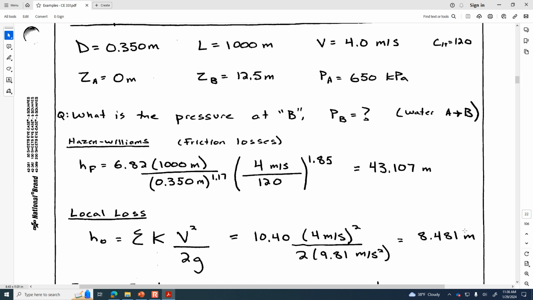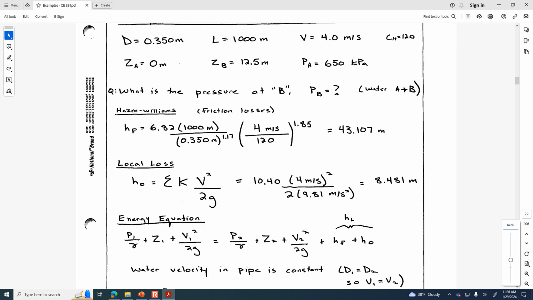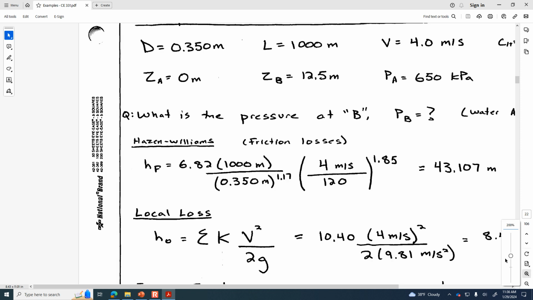So the local losses are less than the friction losses, but they're not insignificant. Sometimes we call them minor losses. You'd get a pretty different pressure reading if you just ignored them completely, if you only accounted for the friction losses. All right, so what we're going to do is substitute those into the energy equation.